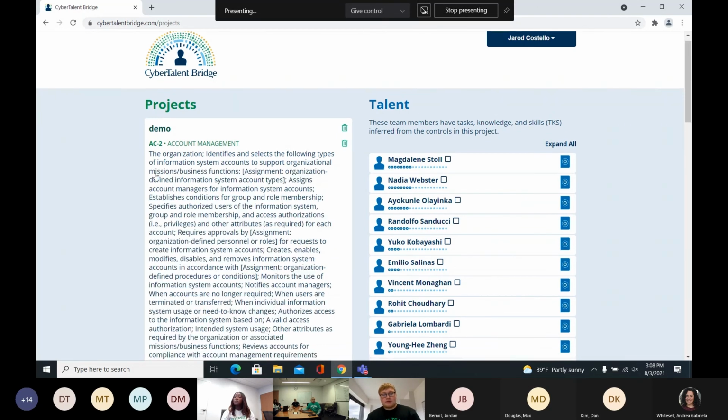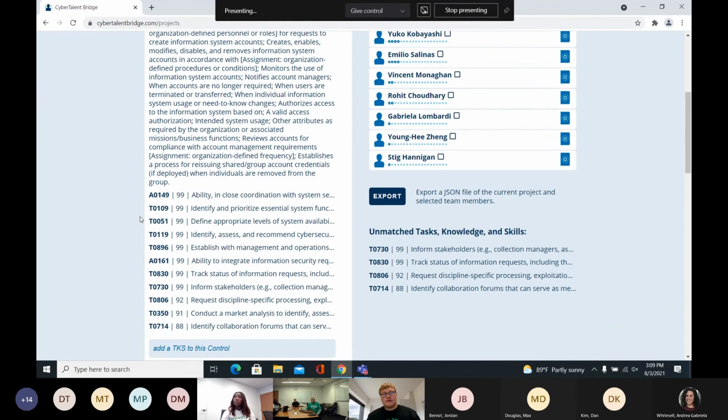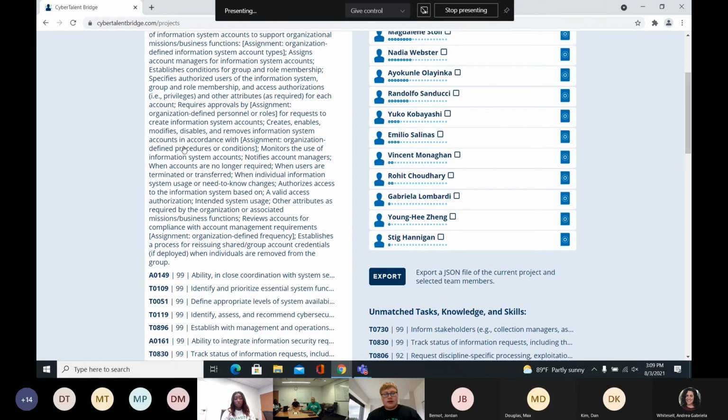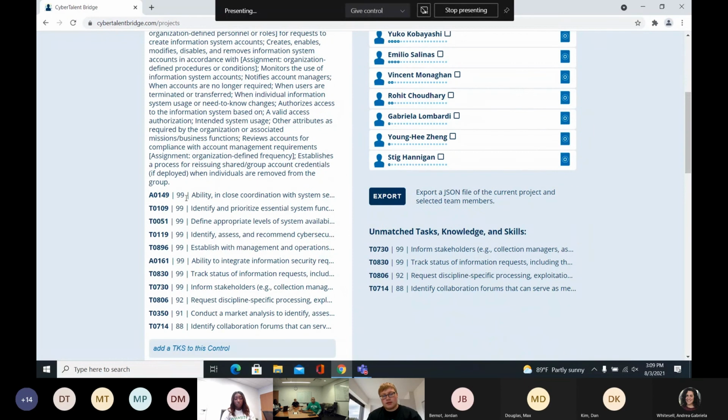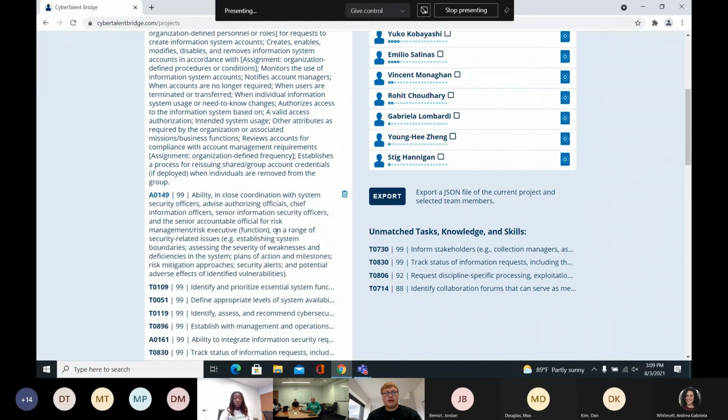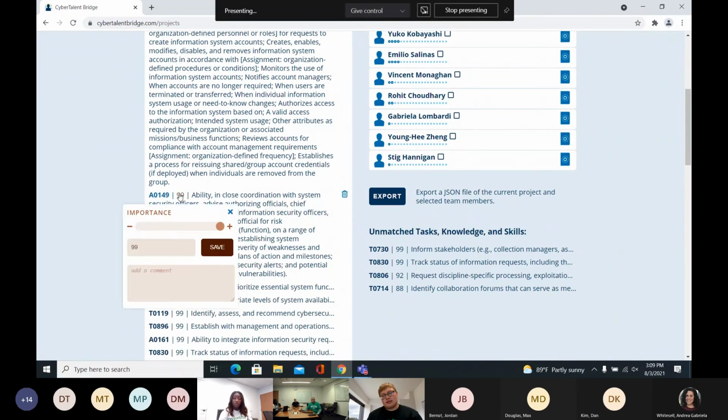It has its description here, and so each control has different knowledge, skills, abilities, and tasks belonging to it that we get from the framework. So each one has their own given description for each thing. If I click on it, you can see it here. And each one has an importance.